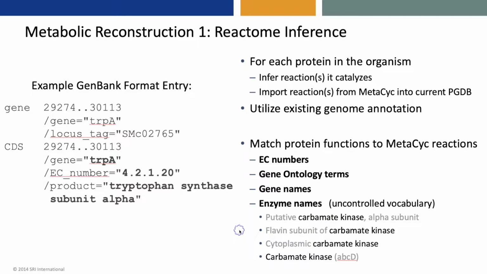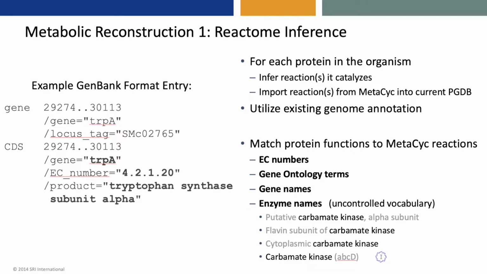And one thing I want to emphasize about this problem of matching enzyme names is that enzyme names are uncontrolled terms, and they typically have a lot of other modifiers included, such as subunit information, cellular location, gene names that can be included with the product name.